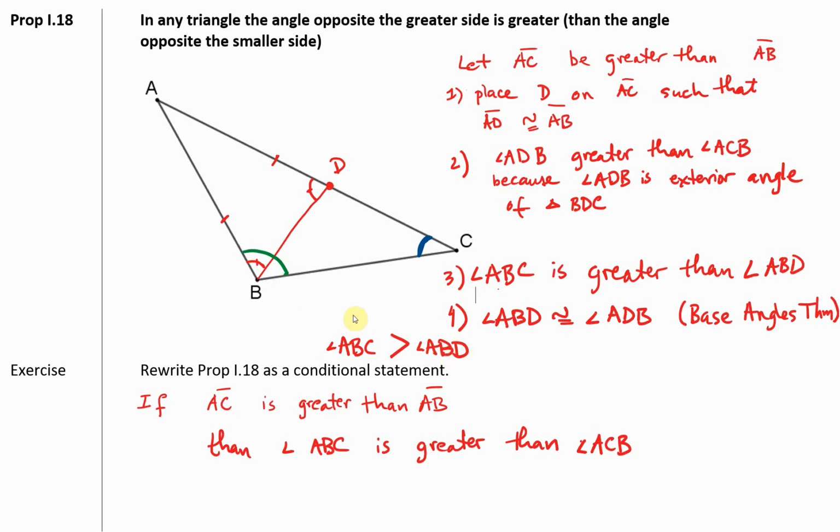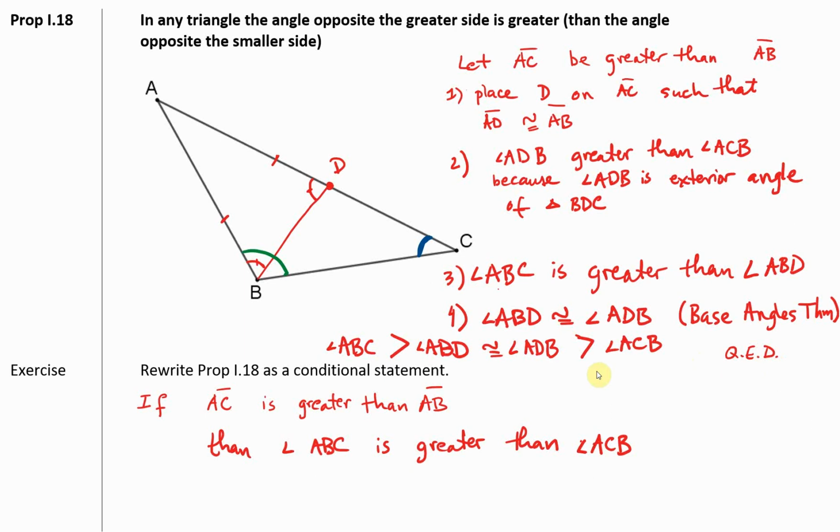Okay, that's this red one here. But that one is congruent to ADB, which is this red one right here. But this red one is greater than the blue one, which is what we have here in step 2. Okay. So if you take away the middle part here, we can conclude that ABC is greater than ACB.